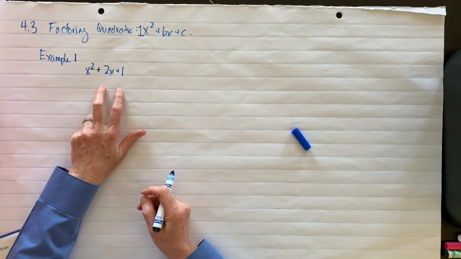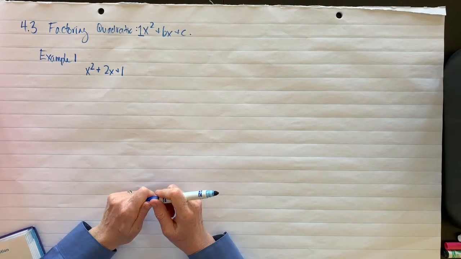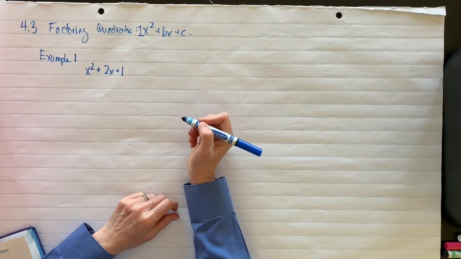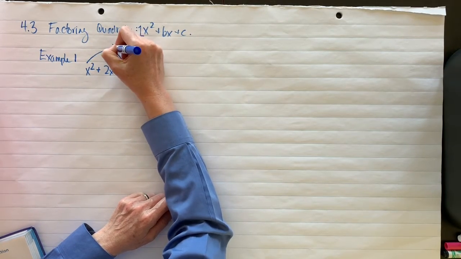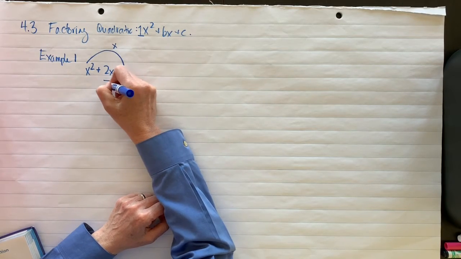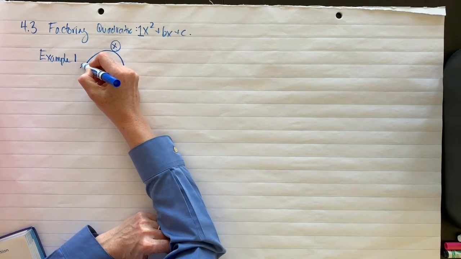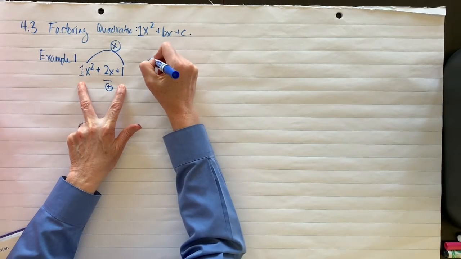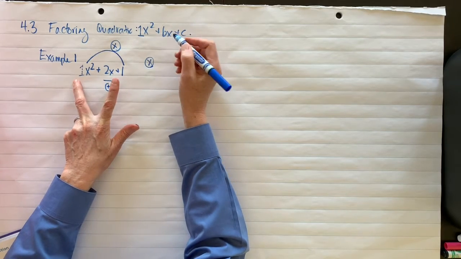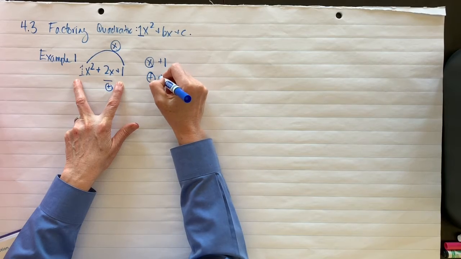Now, what we're going to talk about today is how you actually factor quadratics. What you do to factor this is you look for things that multiply to the outside and add to the inside. And by that I mean, remember there's my invisible 1 out in front. So I'm looking for numbers that multiply to positive 1 times positive 1 is positive 1 and add to positive 2.